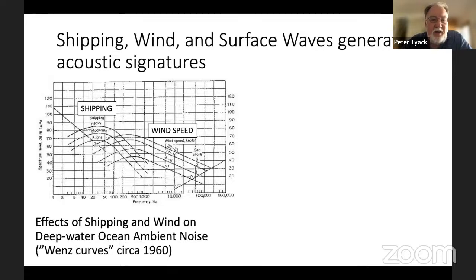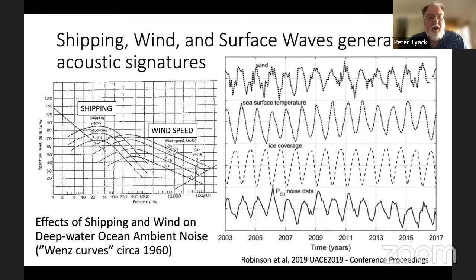So as wind speed in knots increases, and as the sea state increases, the ambient noise in that frequency range increases. That's been known for a long time, but we are now thinking about inverting that process. Acoustic ocean engineers wanted to know how heavy the shipping was or what the wind speed would be, what that impact would be on the noise floor, so they could predict how their systems would operate, how effective they'd be.